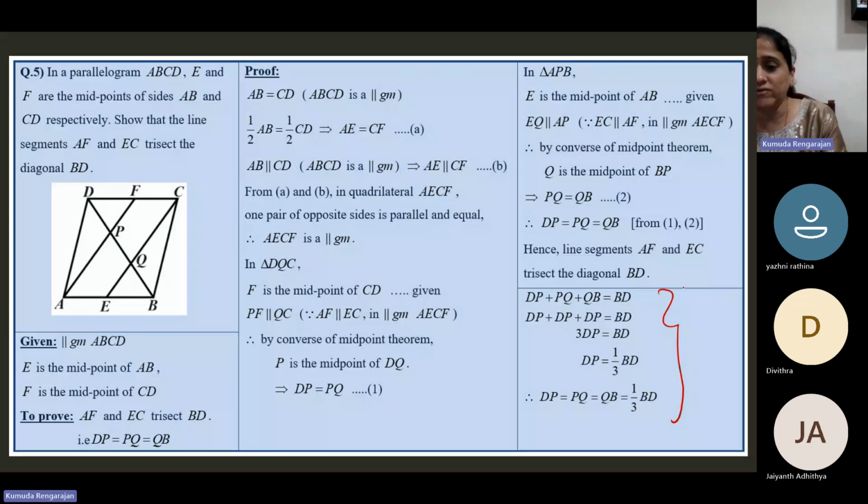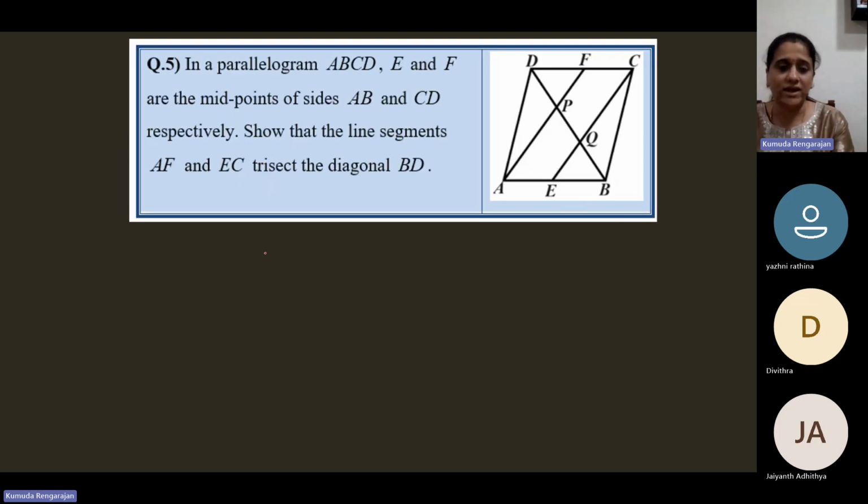In that case, you will have to use these steps to finish the answer. After proving DP equals PQ equals QB, you have to do the proof till here, and after that, DP plus PQ plus QB equal to DB, right?